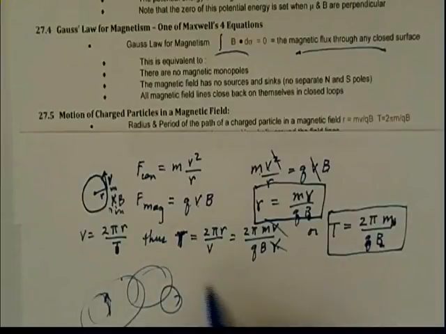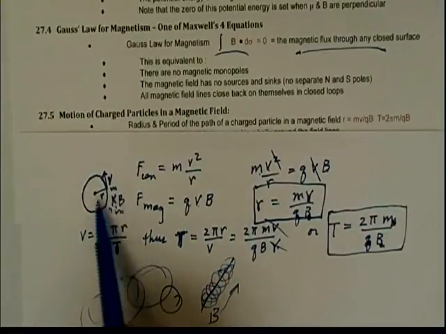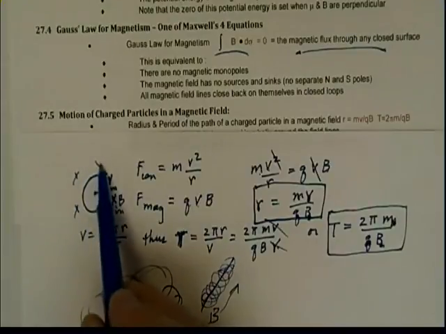Now, if the magnetic field is off at an angle, it turns out that the circular motion is added to a constant velocity, because there's no force in that direction. That's the other part of the cross product. So a charged particle spirals around a magnetic field line. Remember, the magnetic field here is going into the paper everywhere.